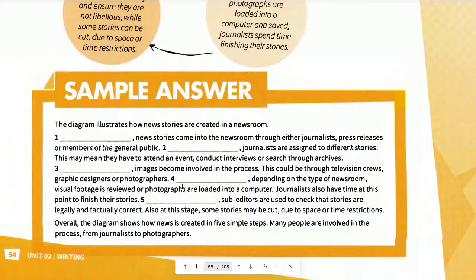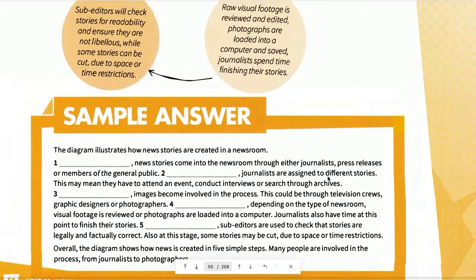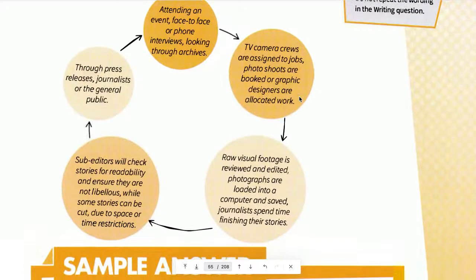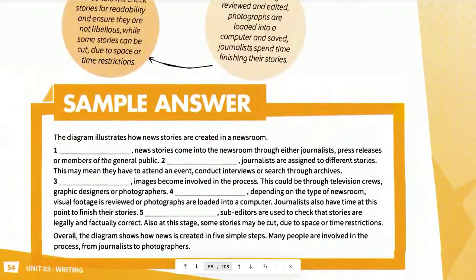Or photographers. Here, see, from the second circle, they use the words TV camera crews are assigned to jobs. And here you say that this could be through television crews. Okay?